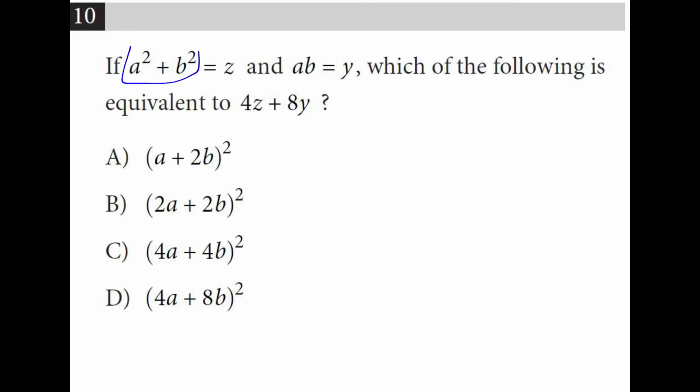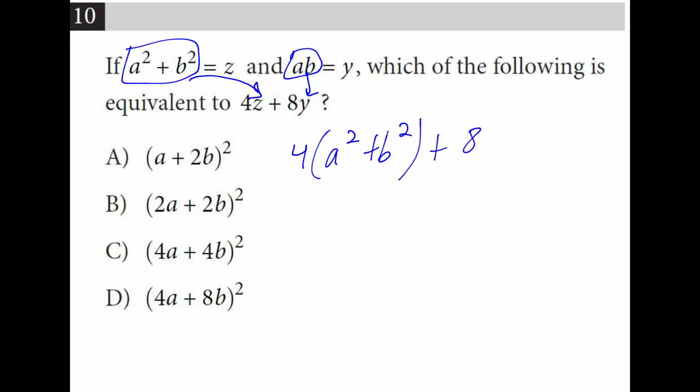So they tell us that a squared plus b squared is equal to z, and ab is equal to y. So this is 4 times a squared plus b squared plus 8 times ab. So 4a squared plus 8ab plus 4b squared.